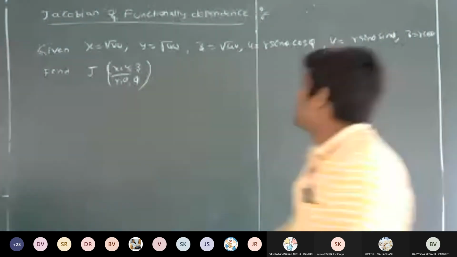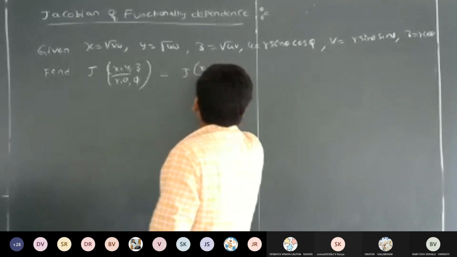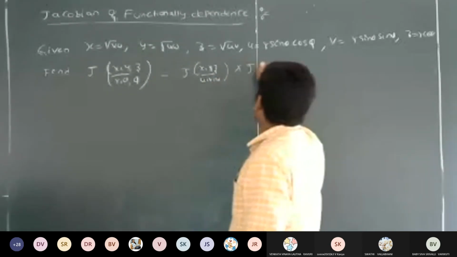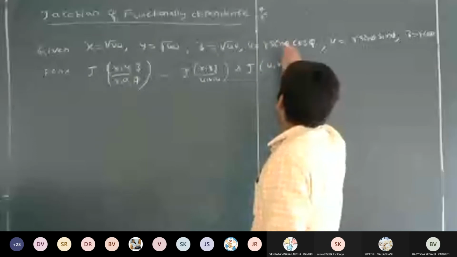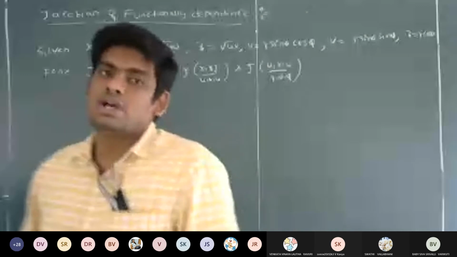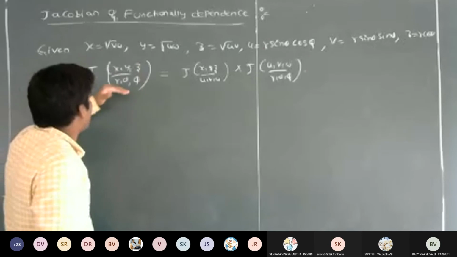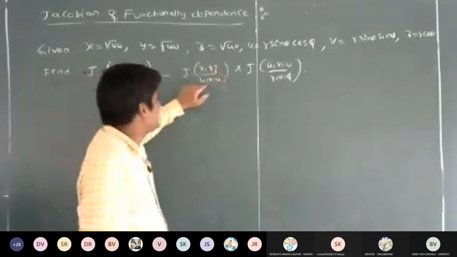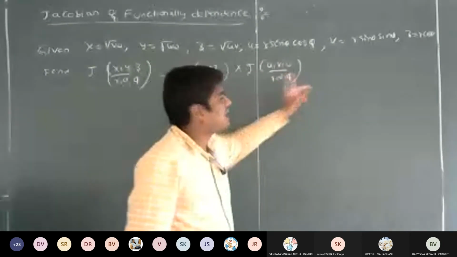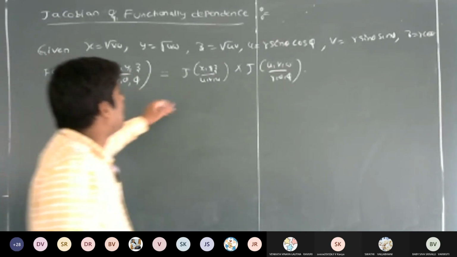Based on that property, you can write the Jacobian of x, y, z by r, theta, phi as the Jacobian of x, y, z by u, v, w into the Jacobian of u, v, w by r, theta, phi. So for calculating this Jacobian, we have to calculate two Jacobians.